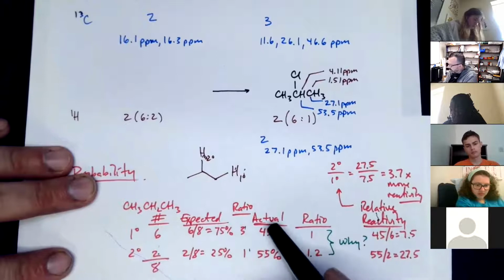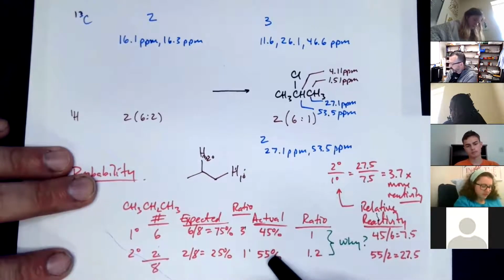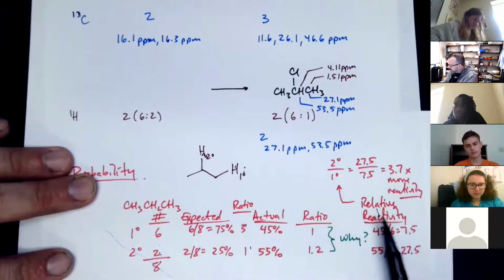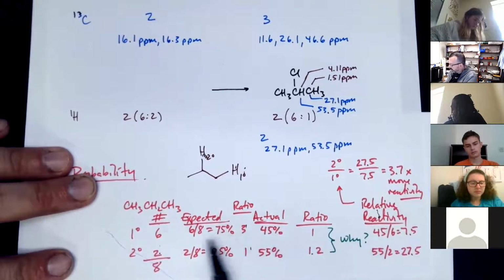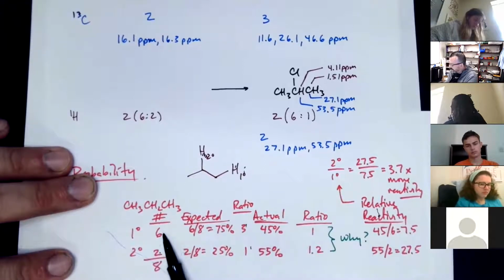In reality, these are the numbers that you observe. The ratio of this is 1 to 1.2. This relative reactivity number is taking the actual percent you isolate divided by how many of that type there are to get you these numbers here.